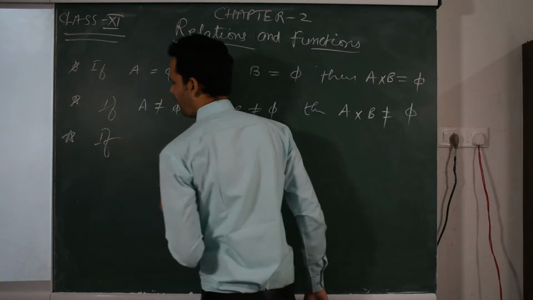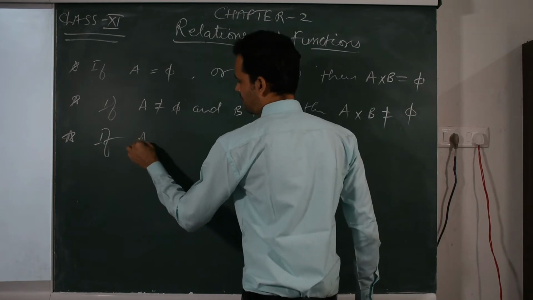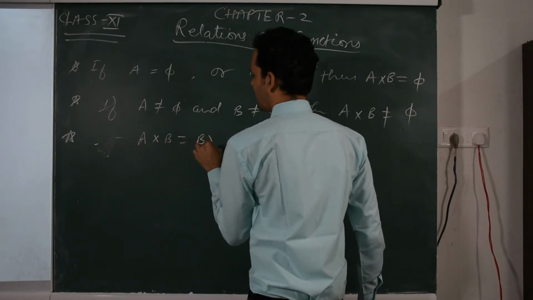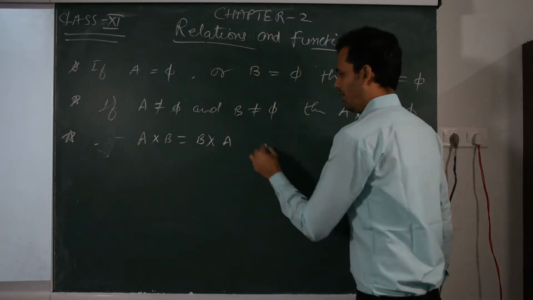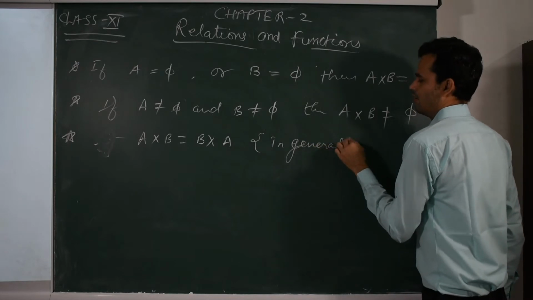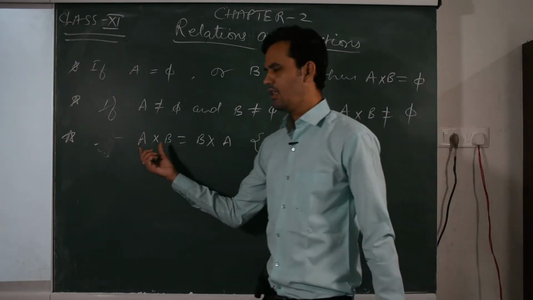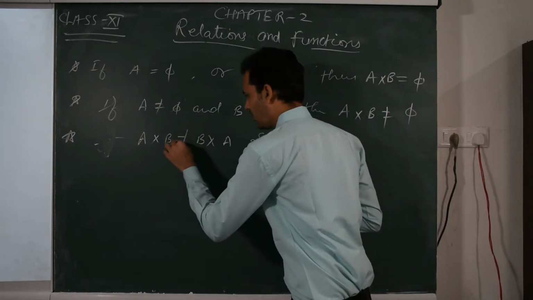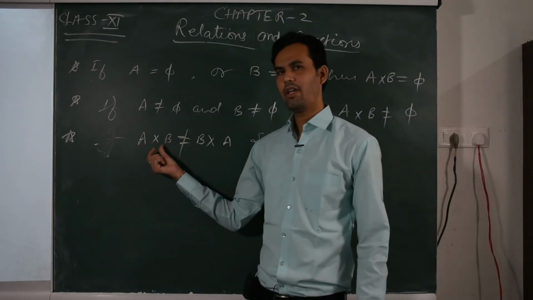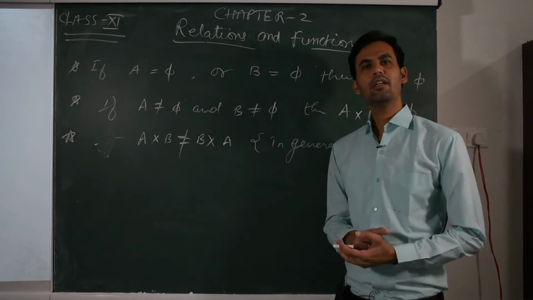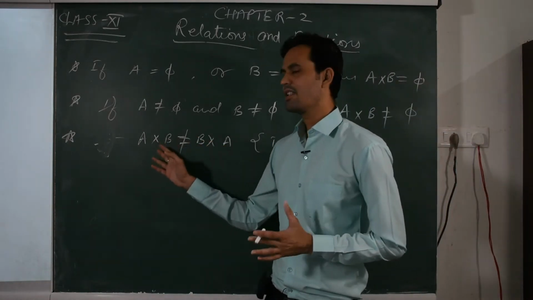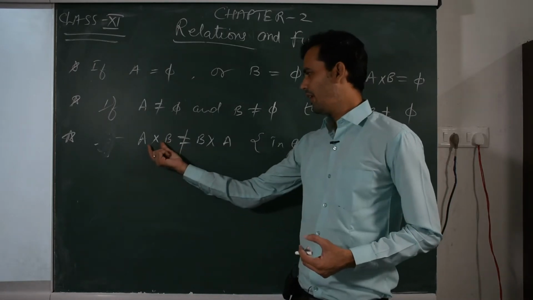Now third is, A cross B equals to B cross A in general, it means generally A cross B is not equals to B cross A. It means product of A and B and product of B and A is not equal in general, but in special cases it may be equal.